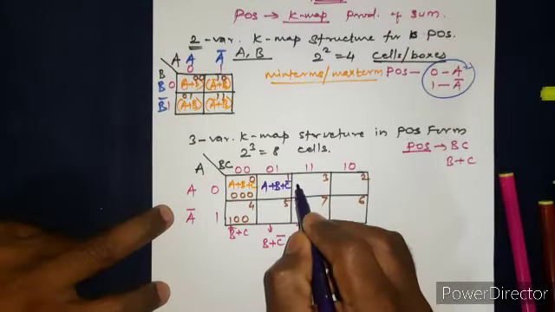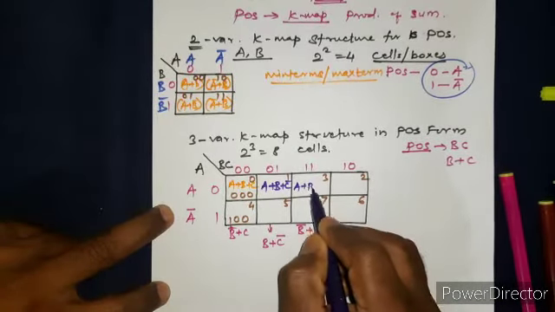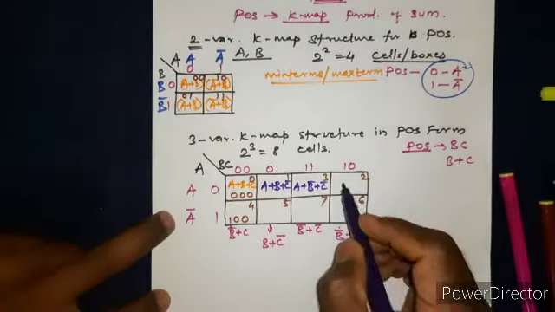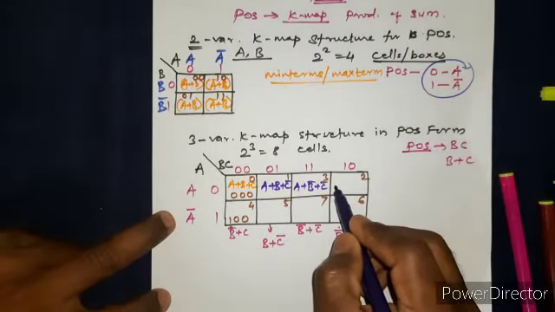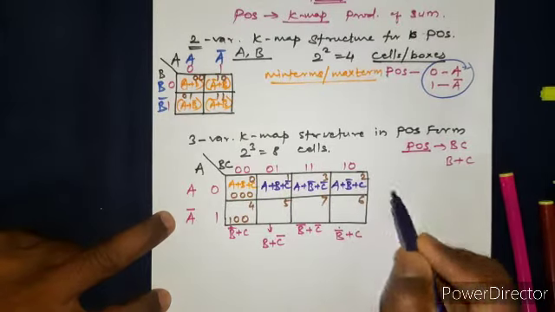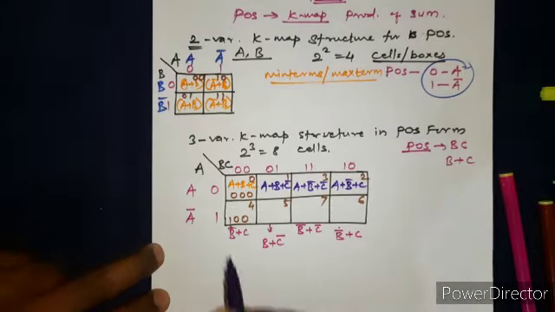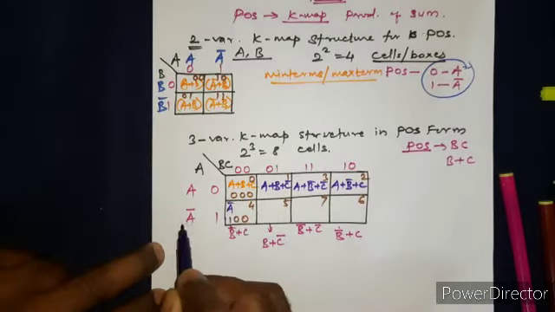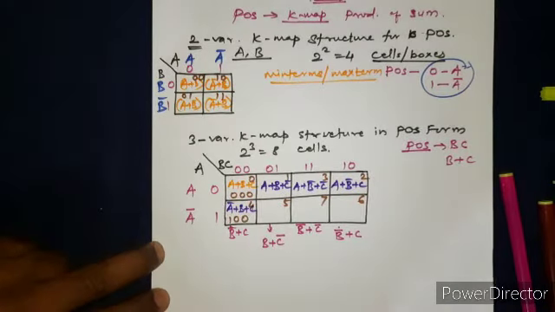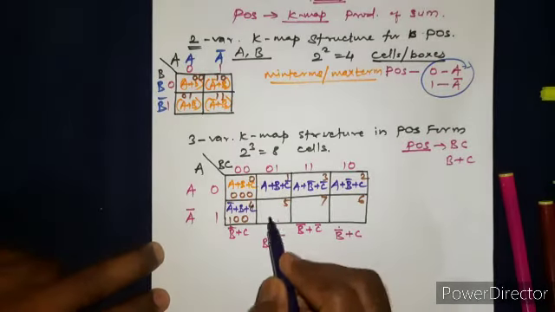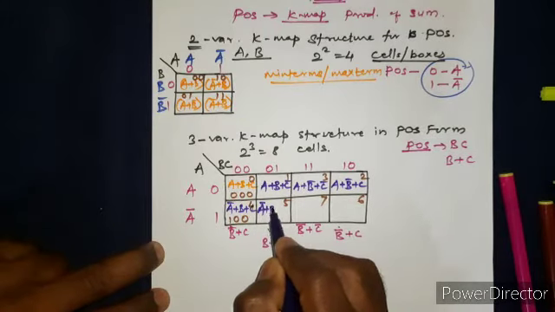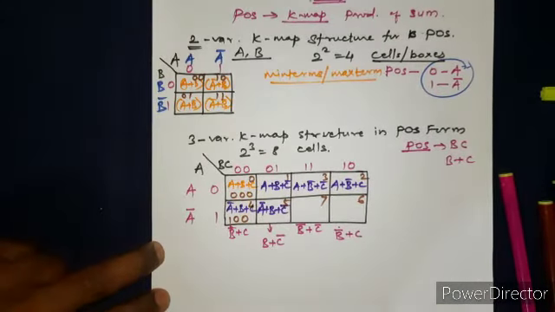So this is A plus B bar plus C bar, and this is A plus B bar plus C. Then this becomes A bar plus B plus C, this becomes A bar plus B plus C bar.